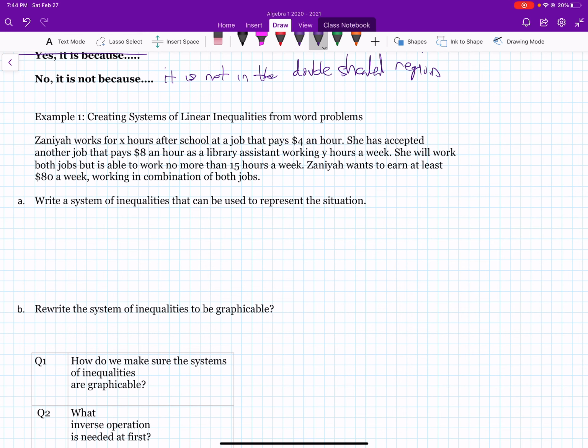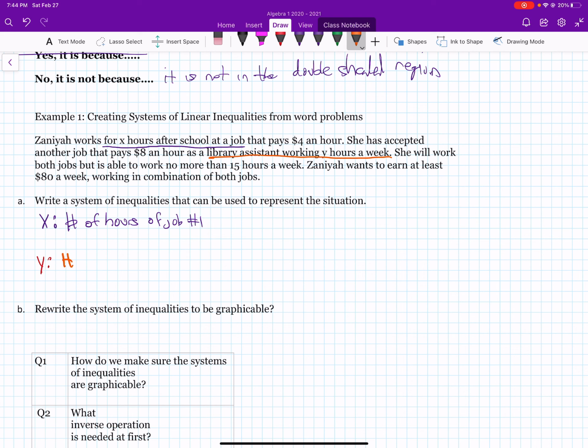So first things first, I need to identify the x variable and the y variable. The x variable, it says right here, for x hours after school at a job. So we can say it is the number of hours of job number 1. And then here, y is a library assistant working y hours a week.